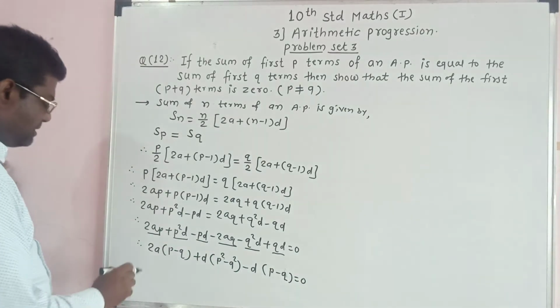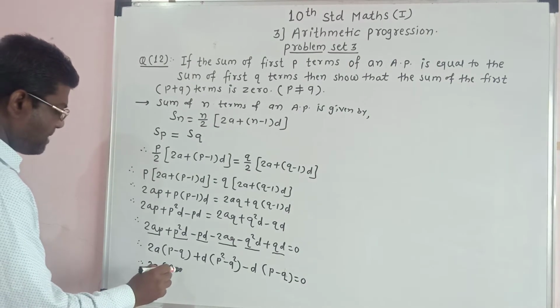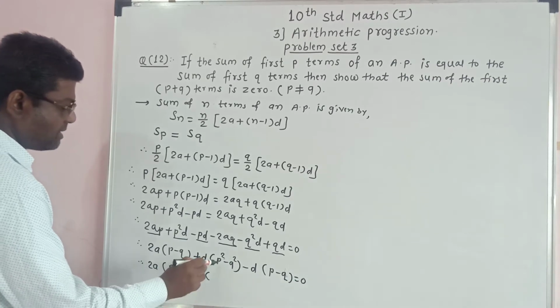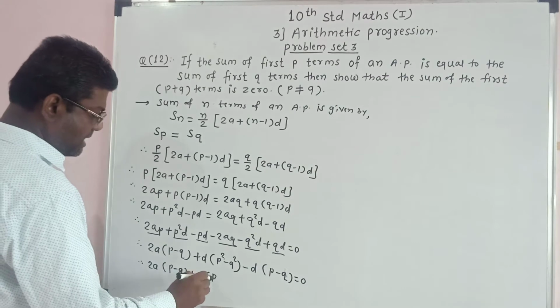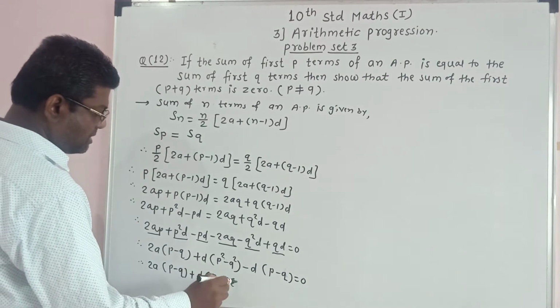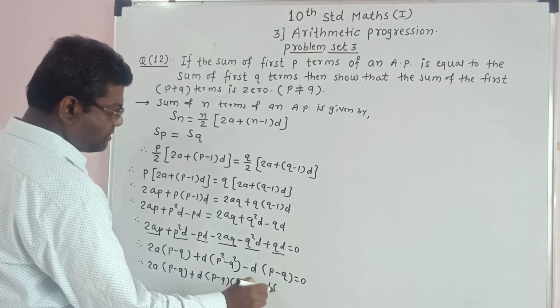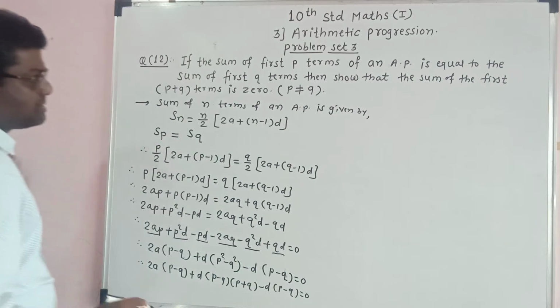Now 2a in bracket p minus q plus d in bracket, this p square minus q square can be written as p minus q into p plus q, minus d into p minus q is equal to 0.